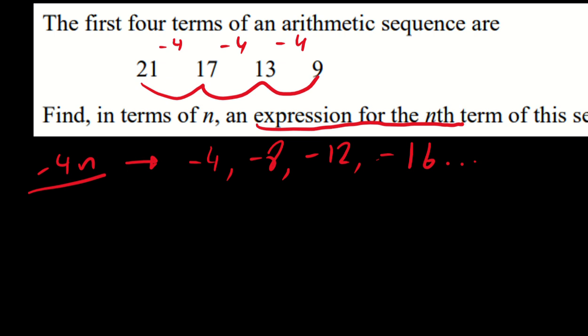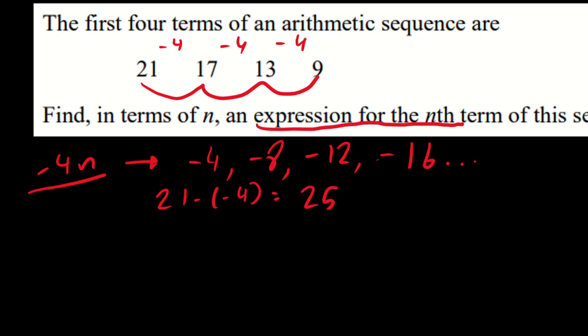Negative 8 to 17, negative 12 to 13, and negative 16 to 9. So you have to subtract these two from each other, and you'll get 25. So you have to add 25 to get from that to that.